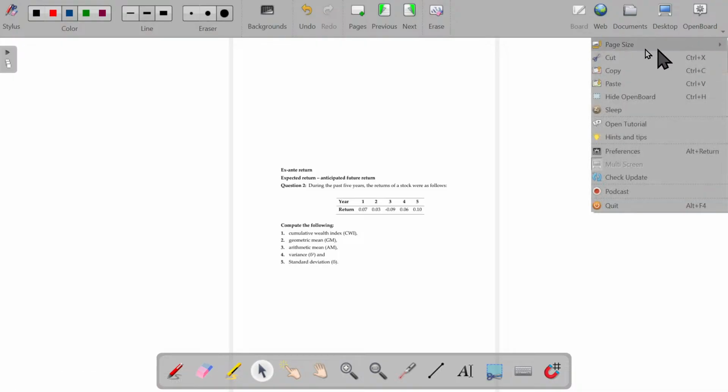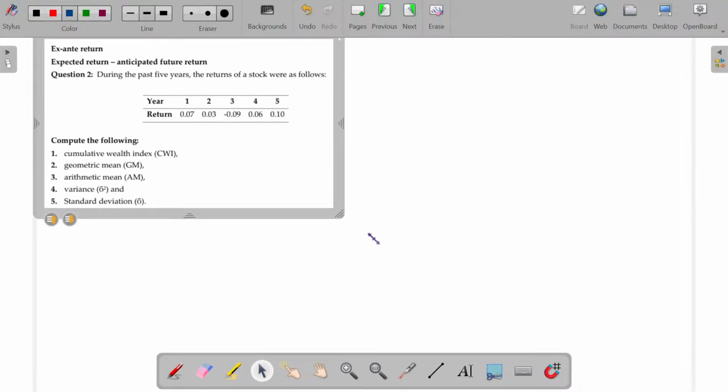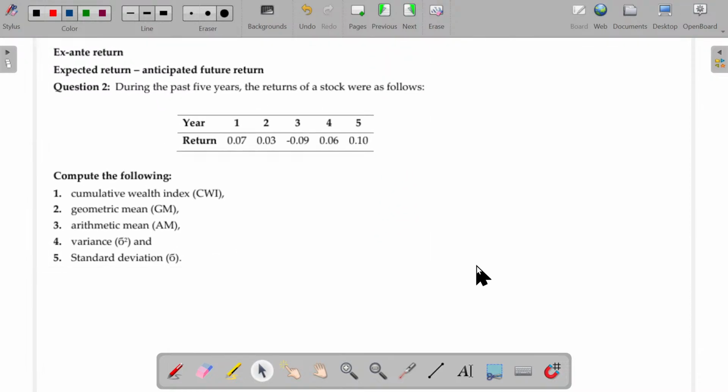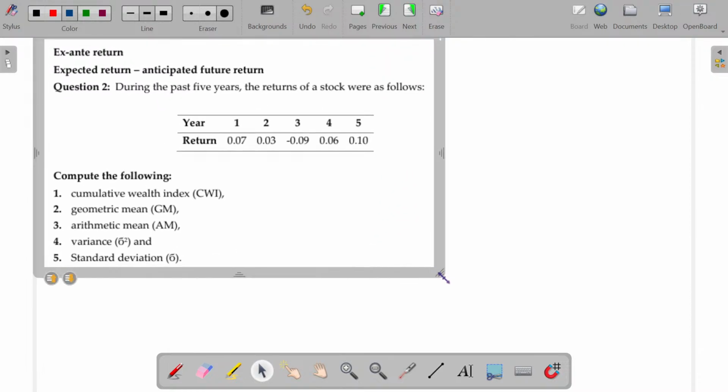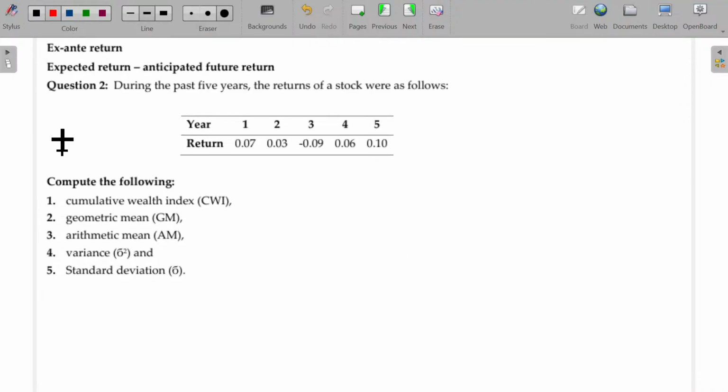Now, we try to solve this illustration. Find out, during the past 5 years, the returns of stock were as follows. What to be found out here?